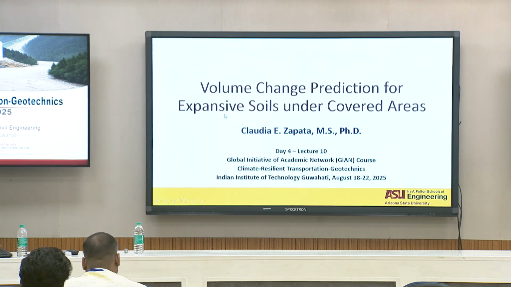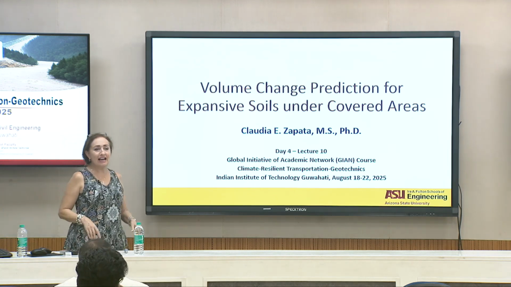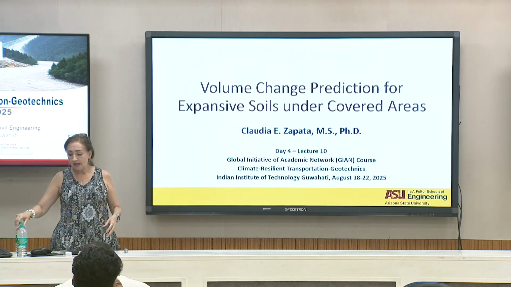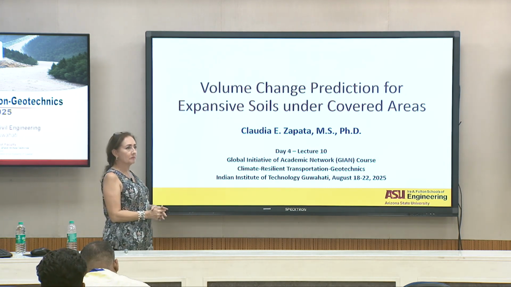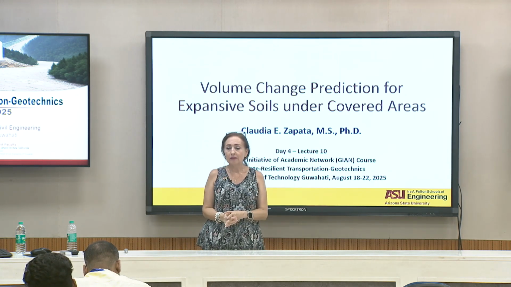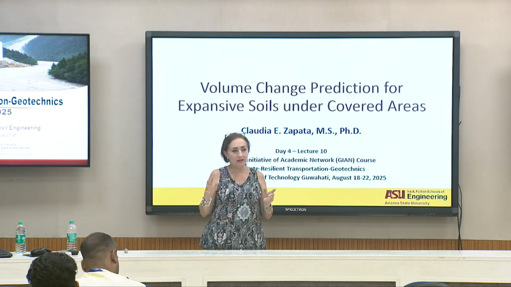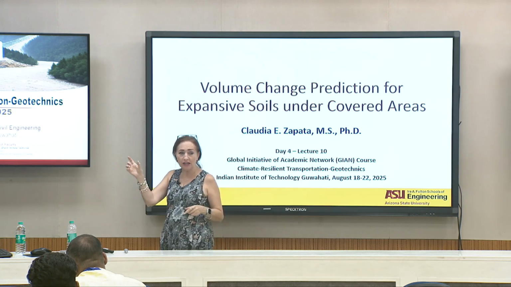All right. And again, I'm going to jump in here into the practical side of our profession, right? Basically, as you saw yesterday, the way that volume change is predicted or included into the pavement design analysis is a very empirical way of doing that, right?